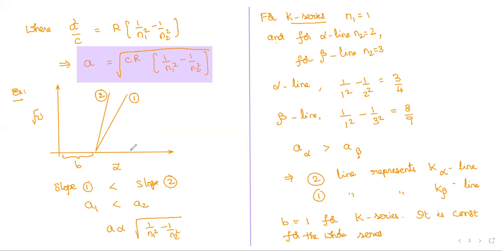I think you understood. What I'm saying here, if I draw a graph, you can understand. This is one line, the K line, and suppose this is another line like this.